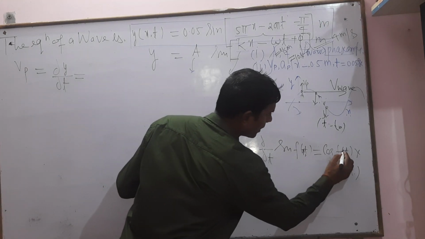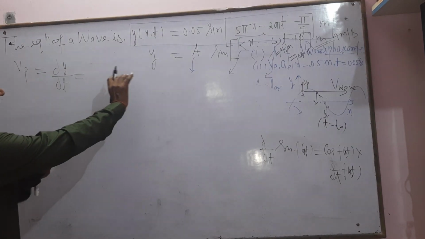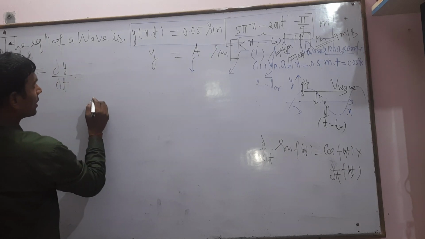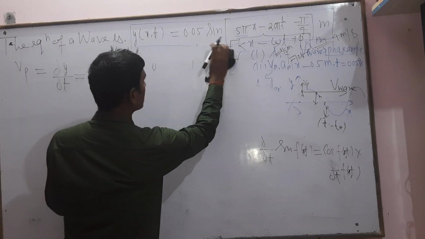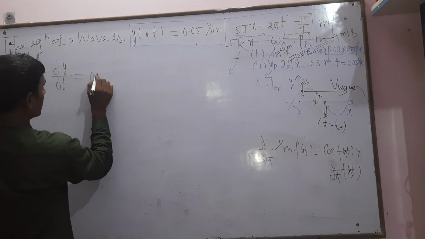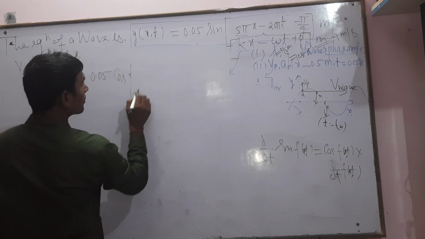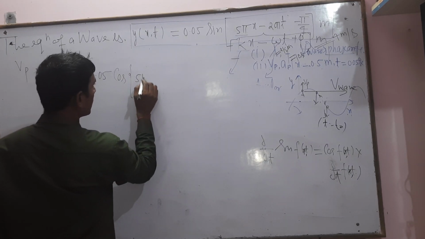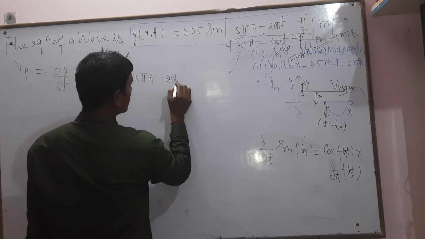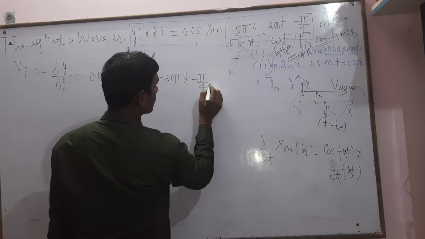Okay, x and t. So right here, this is the constant. This number is equal to y, the displacement: 0.05 into cos of (5 pi x minus 20 pi t minus pi by 4).